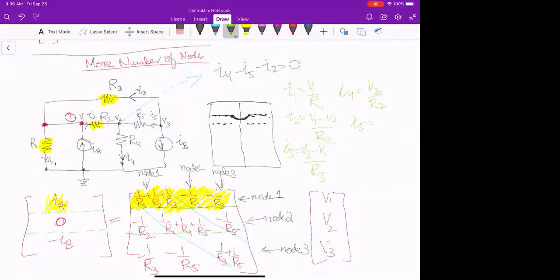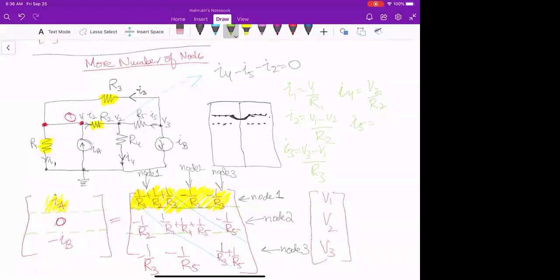What should be I5, based on its direction? In terms of voltage, how will I define it?